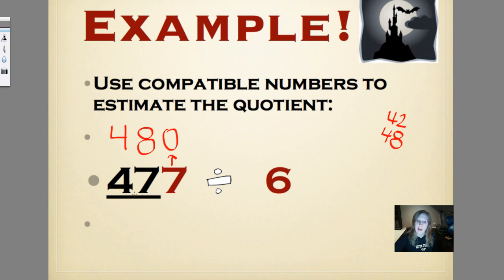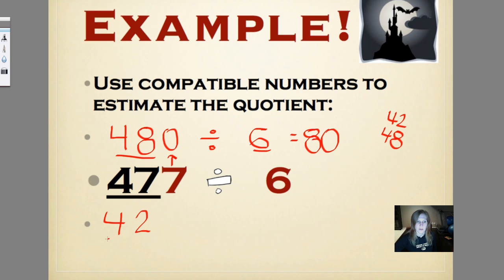So I just found the number closest to 47 that is divisible by 6. 6 times 8 is 48. Then I'll rewrite my problem and underline my non-zero digits. 48 divided by 6 equals 8. And then I just add my remaining 0 after that. 80. Okay, now let's do the one underneath it.